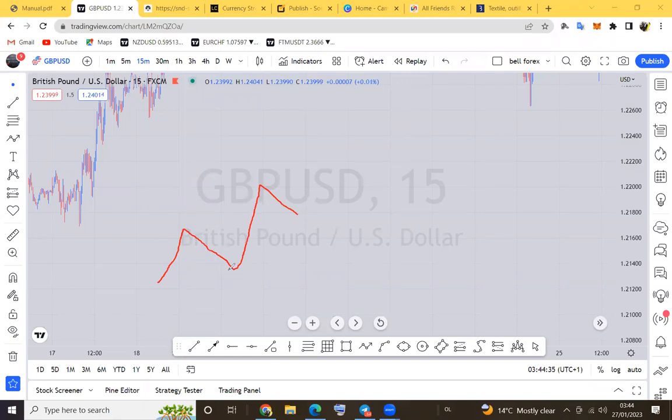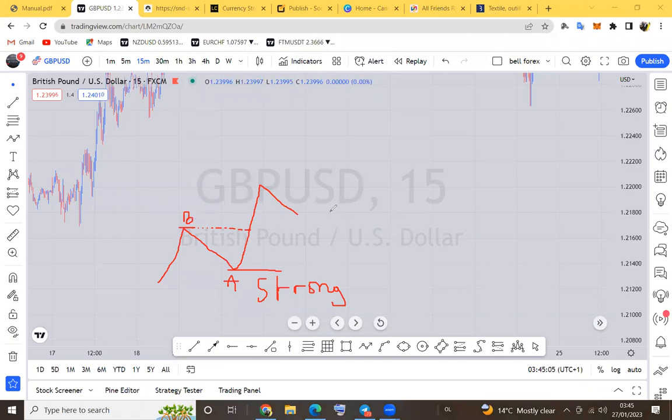Now, this structure here, A, has broken this level B. So, A is a strong structure because it has broken B.